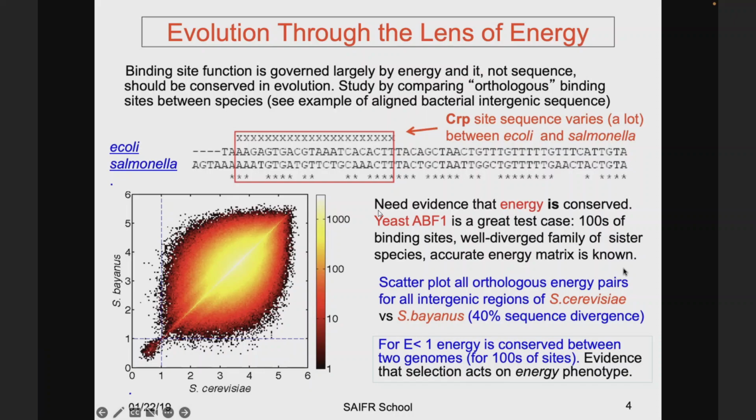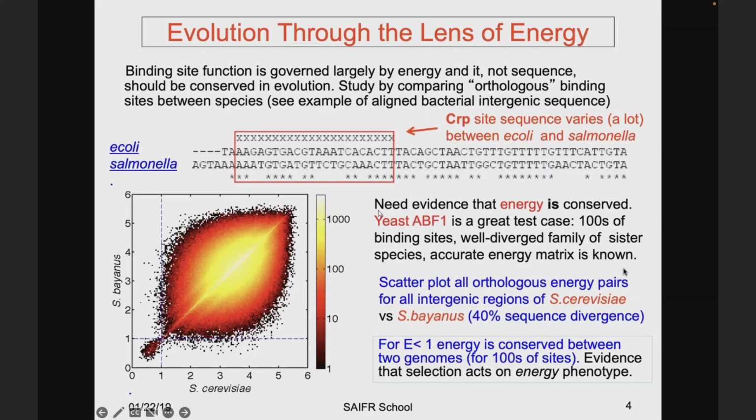So the claim is we have the technology actually to make models of that sequence function connection that can be sharpened up and shown to be predictive at a very high level, all right? And you can imagine making more complex sequence functions or sequence energy functions and refining your understanding of how this works.